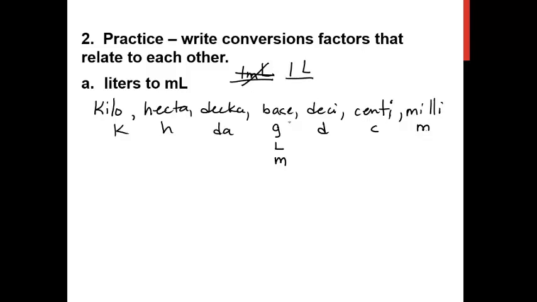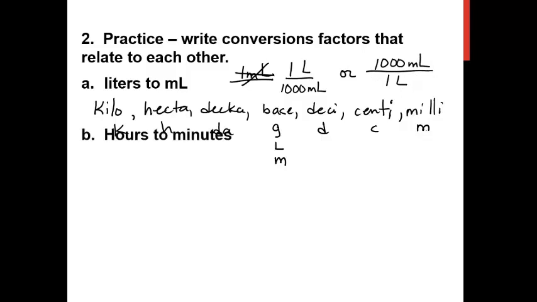These prefixes are getting bigger as we go over to our left. So 1 liter is equal to 1,000 milliliters, and again I got the 1,000 because it took 1, 2, 3 jumps to go from liters to milliliters. Or the conversion is equally true if we put 1,000 milliliters on the top and say that that's equal to 1 liter. So that's one of your conversions.